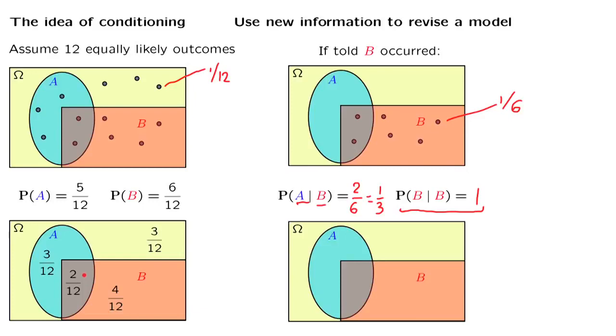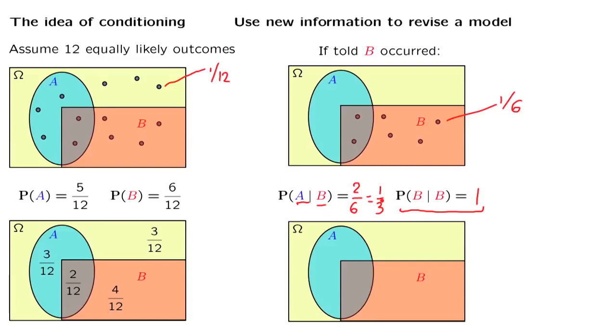So therefore, if I tell you that B has occurred, I should assign probability equal to 1/3 that event A is also going to happen. So that, given that B happened, the conditional probability of A given B should be equal to 1/3.